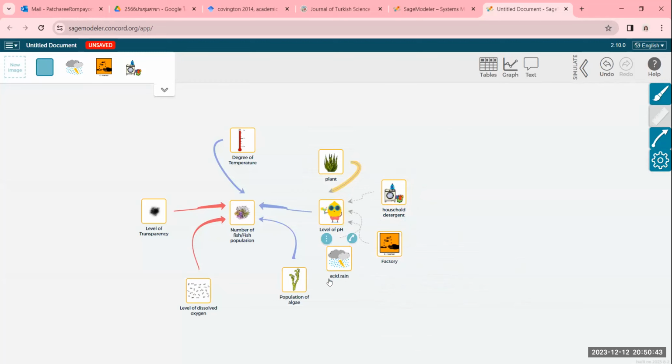And our independent variable is the number of fish or fish population. So here the first layer, we have to assume that pH is natural. Then if level of pH increases, it means the number of fish population will decrease.